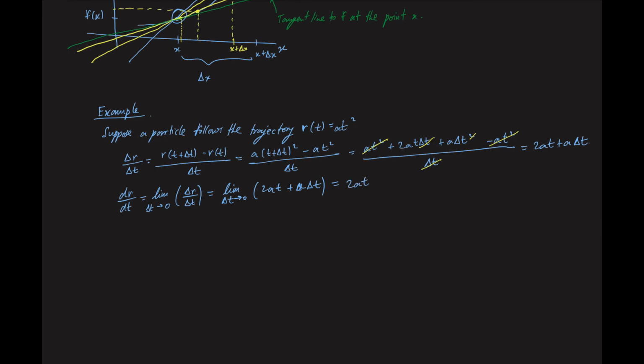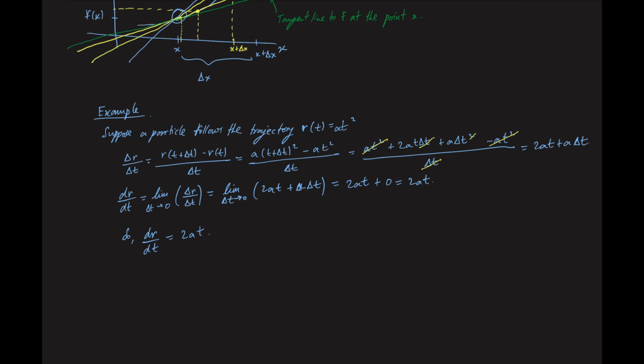There's no delta t factor in 2at, but the second term has a delta t factor, and as delta t goes to 0, that goes to 0. So this is 2at. So the derivative of r with respect to time, dr by dt, is equal to 2at. This looks very familiar because it in fact is the derivative using the power rule.